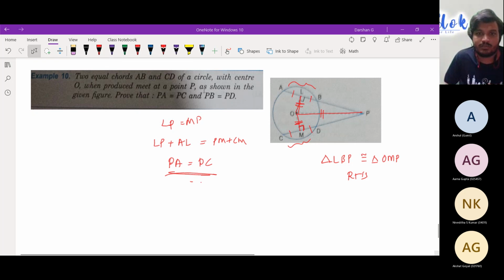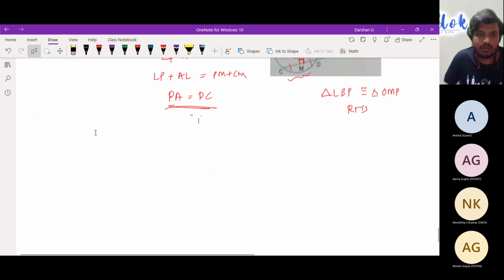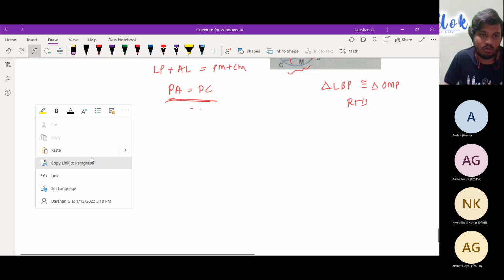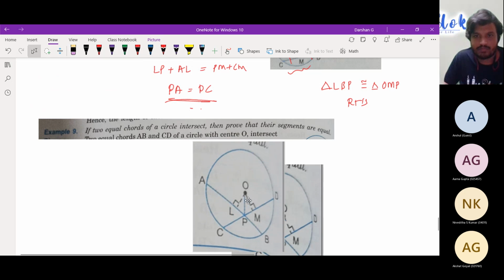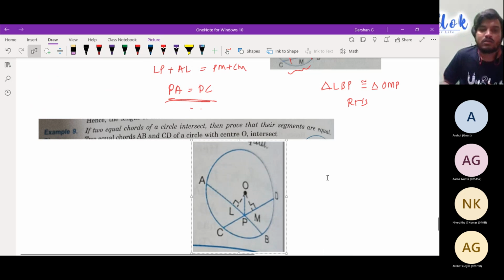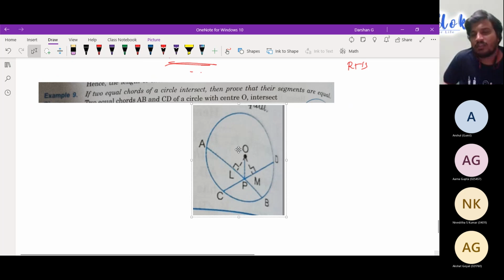So next problem. This problem will end this chapter, and it's a slightly more intense problem. So this is the question, and this is the diagram. Don't mind, the textbook is slightly folded, so it's not so clear.